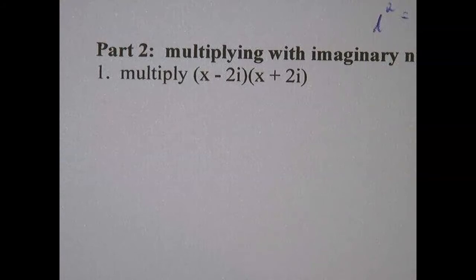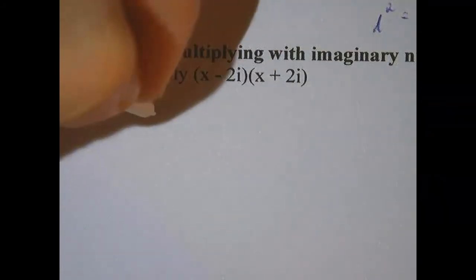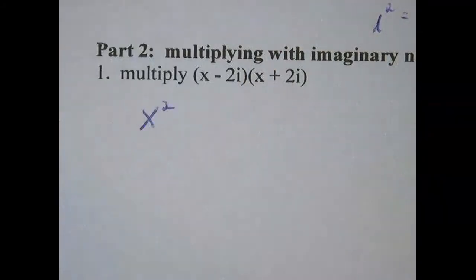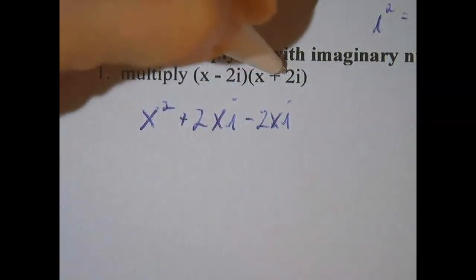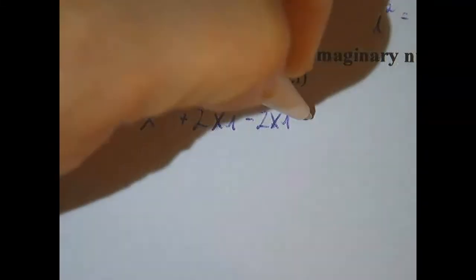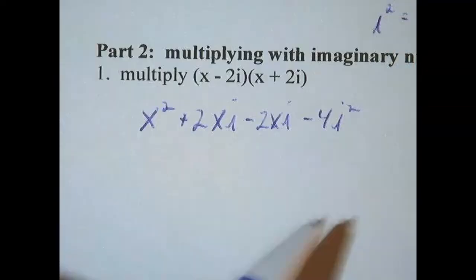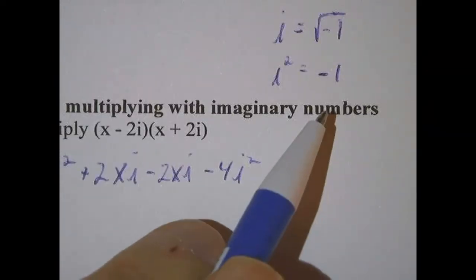So we would FOIL this just like normal. So we get first times first is x squared. Outer times outer is plus 2xi. Inner times inner is minus 2xi. And last times last would be minus 4i squared. But remember, i squared is -1.